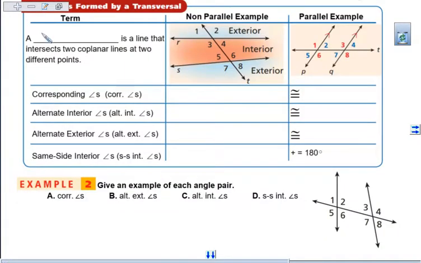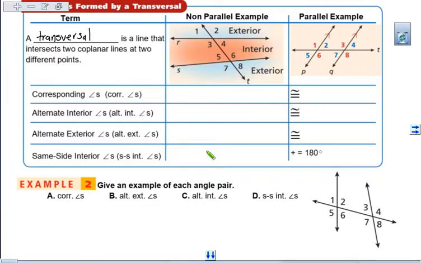Next up, we are looking at parallel and non-parallel lines intersected by transversals. A transversal is a line that intersects two other lines at two different points.